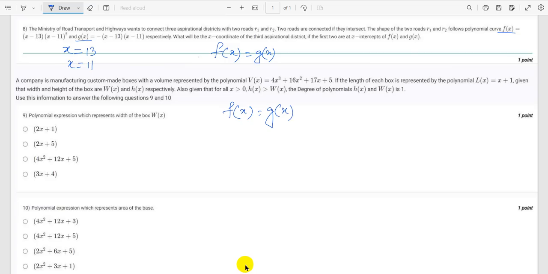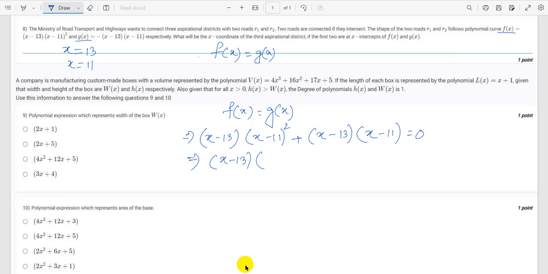So it's (x minus 13)(x minus 11) whole square plus (x minus 13)(x minus 11) is equal to 0. Now if we take (x minus 13)(x minus 11) common from these 2 terms, we get (x minus 11 plus 1).